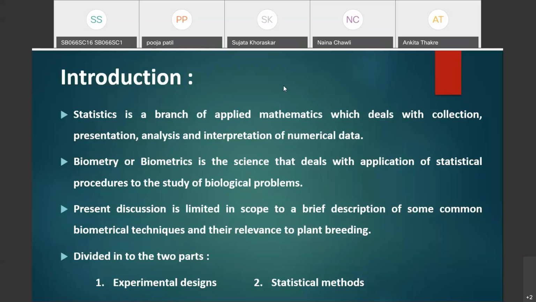Generally, the techniques used in biostatistics are divided into two parts. The first one is the experimental designs, and the second one is the statistical methods. Already we have discussed the experimental designs, which is one of the biometrical techniques extensively used in plant breeding, commonly called the layout of field experiment.